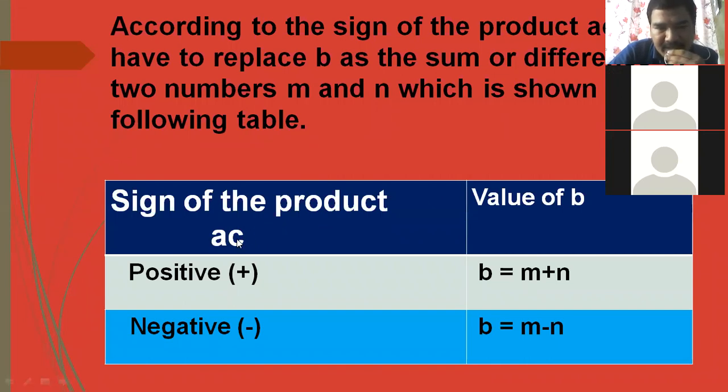When we multiply a and c, and if its value comes positive, we find the middle value b by adding two numbers. And when the value of the multiplication of a and c comes negative, then we get the middle value b by subtracting m and n. These two values we have to subtract.